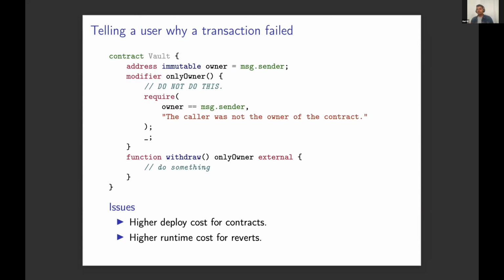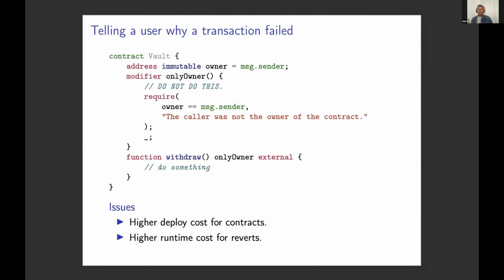Suppose you have a simple contract that can only be used by the owner. It's typical to have a modifier that checks the sender and reverts if the sender is not the same as the owner. You can see the contract here where you have an immutable variable owner, which would be set to the message.sender during the contract initialization.